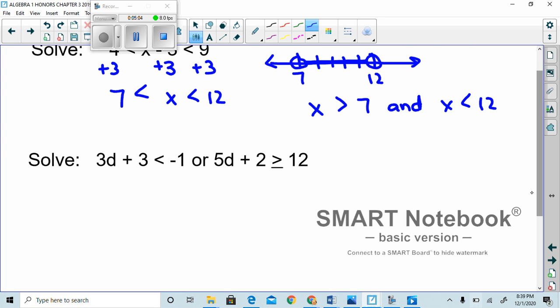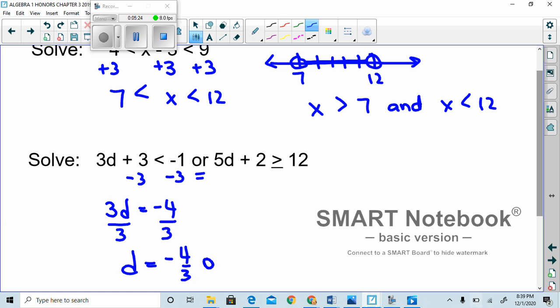In an AND, in an OR, you'll see the word OR. You're going to use your inverse operations again. You'll get 3D is equal to -4, and you'll divide by 3. On the second part, we'll have subtract 2.